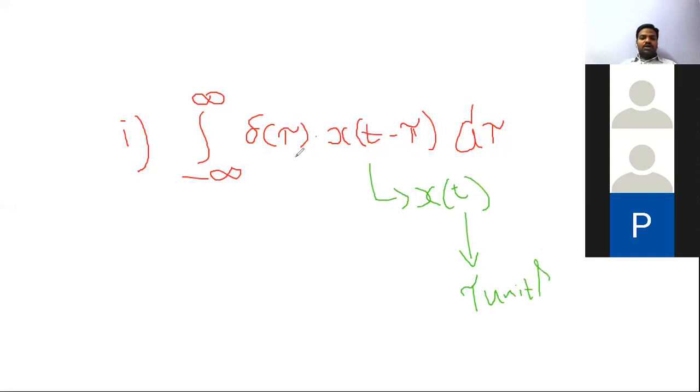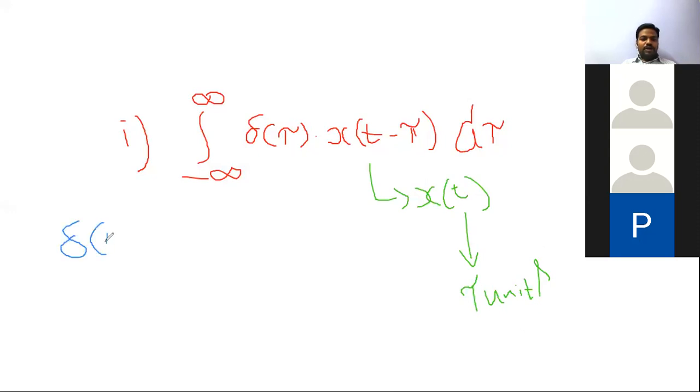So what is delta of tau? The basic unit impulse signal. Can anyone tell me the basic unit impulse signal definition? Delta of t is equal to, anyone? Please respond.